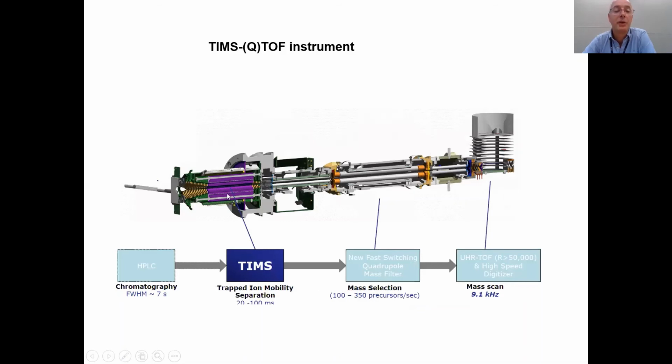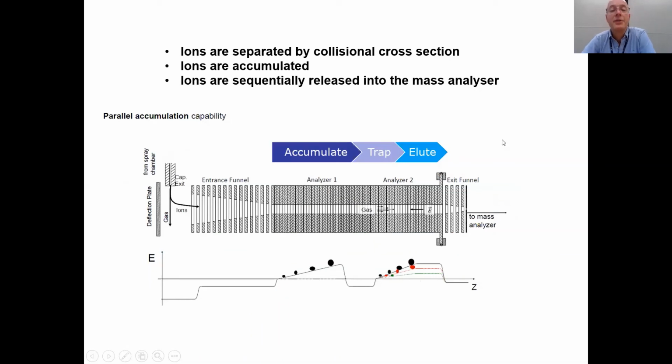This is a quadrupole, so we have an ion source here. This is our quadrupole. We have a TOF acceleration region here. And so what happens is the ions are separated by virtue of their collisional cross-section. They are accumulated on that basis, and then they are sequentially released into the mass analyzer of the mass spectrometer.